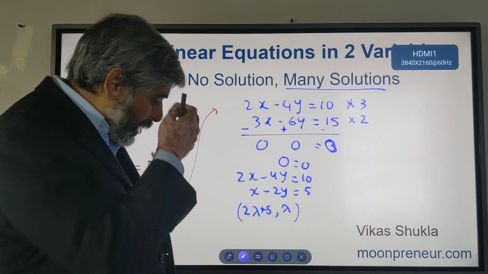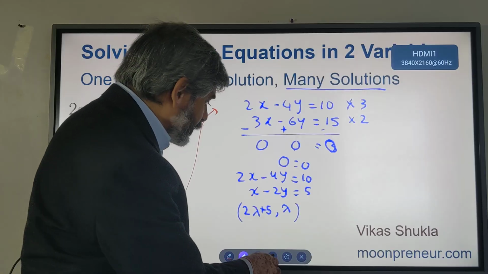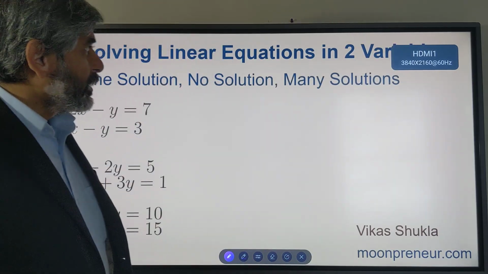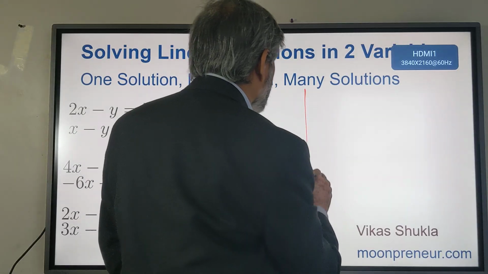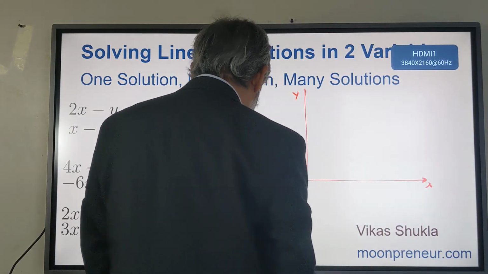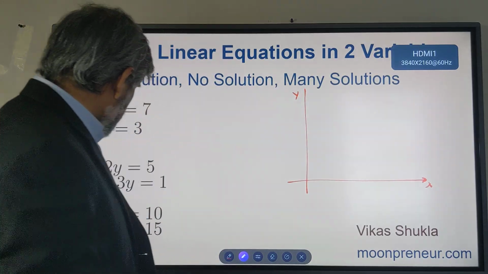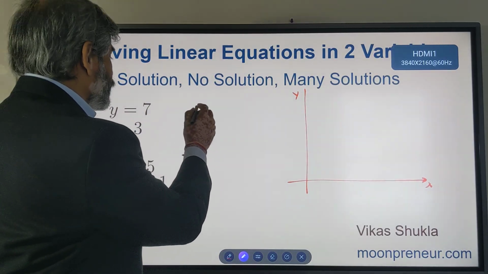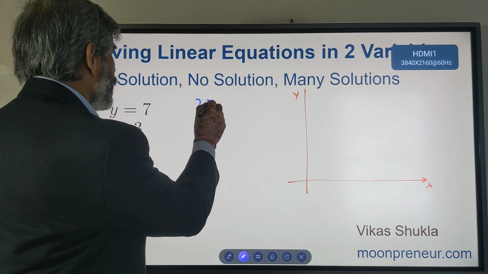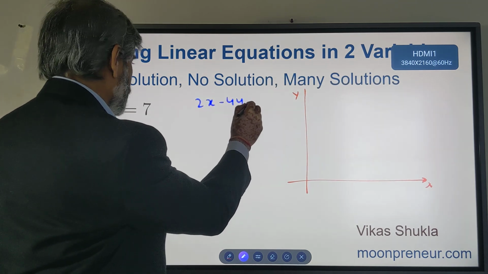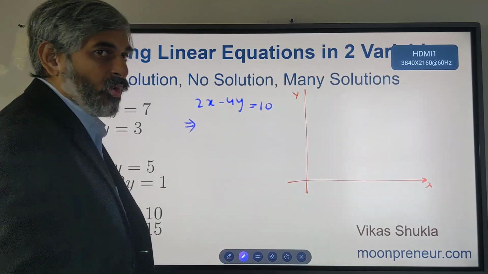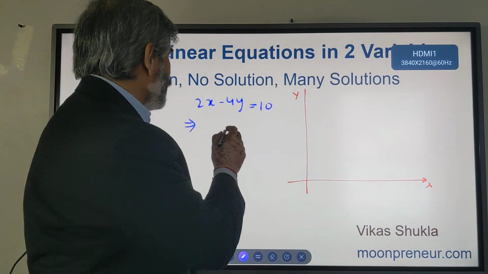Now, what I'm going to do is take a look at the visual implications of these things, and I draw again an x coordinate and a y coordinate, and I'm trying to write these equations again in a format. Let's say the first one is 2x minus 4y is equal to 10, and then we'll try to write this equation in y equal to mx plus c format.